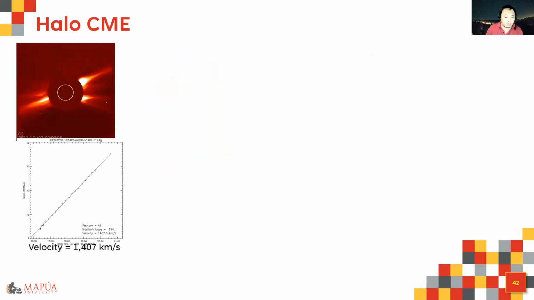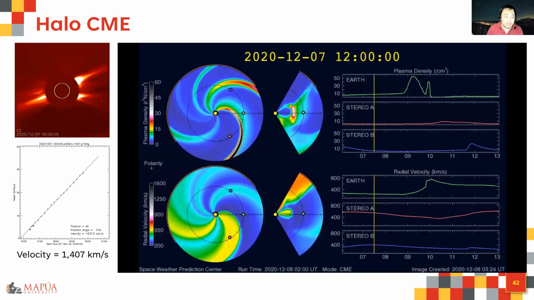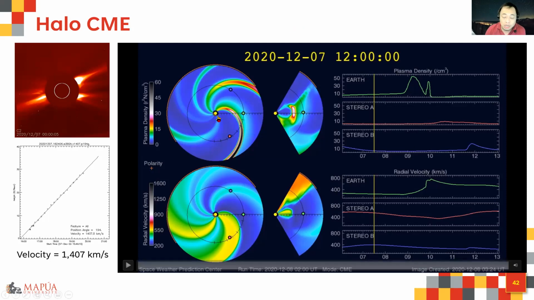That's why scientists have come up with this kind of model. We call this the WSA Enlil model. This is an example of a solar wind model. In the next class, we're going to talk about why the solar wind model looks like this. If we play this, this is your background solar wind.